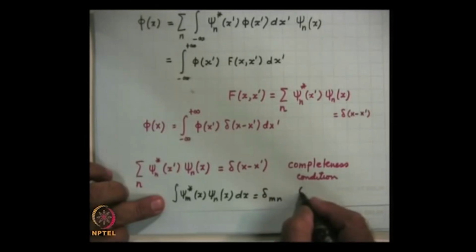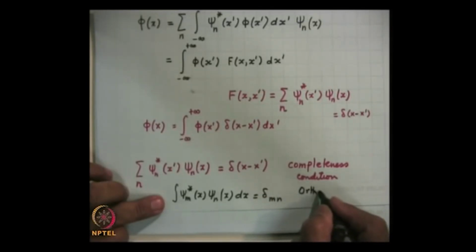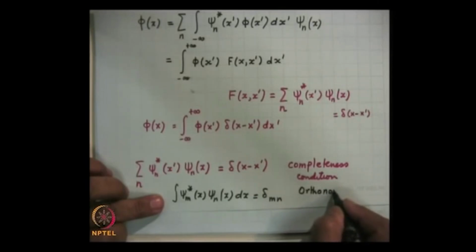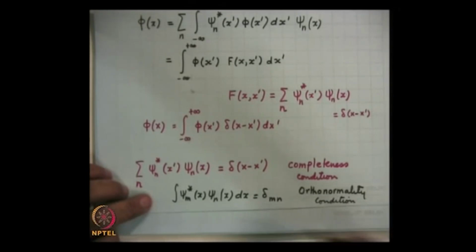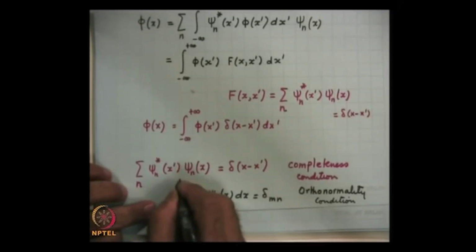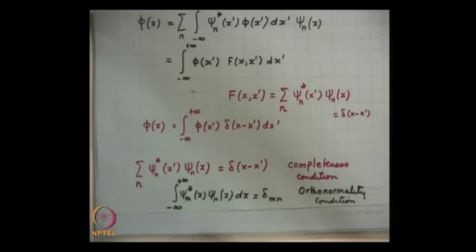This is known as the orthonormality condition. It combines the orthogonality condition and the normalization condition. So, this is known as the orthonormality condition. These limits are also from minus infinity to plus infinity.